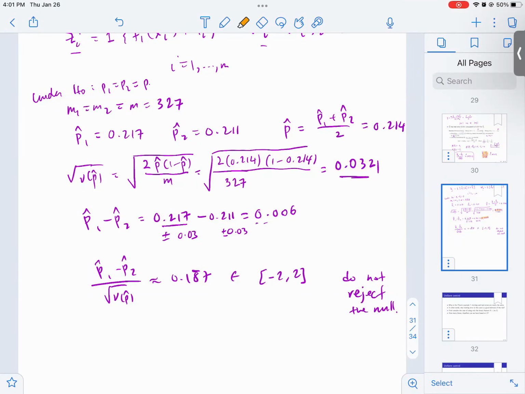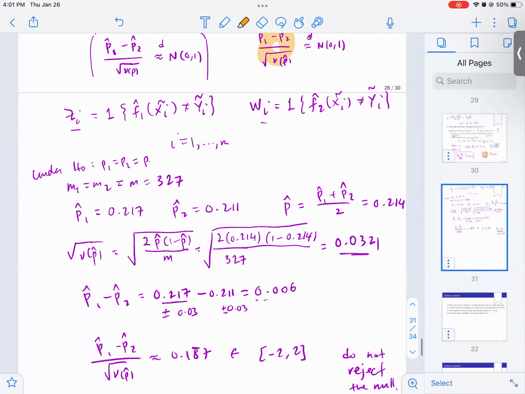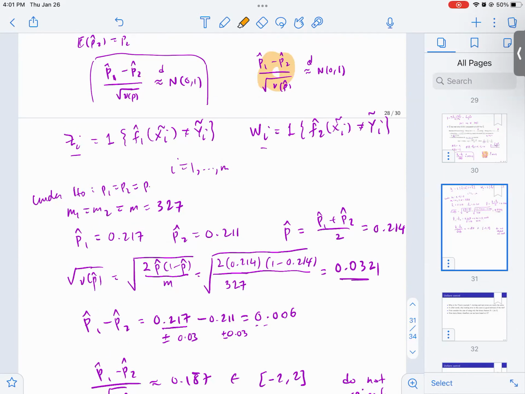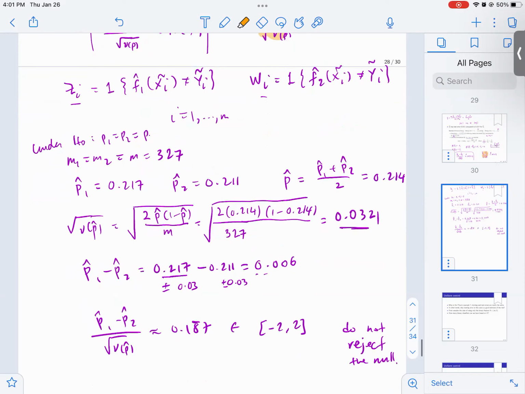You can try to correct for the dependence here, but is this idea sort of clear? The uncertainty in these estimates is higher than the actual difference. So the difference in the two test errors is below our level of uncertainty, and it's best not to judge.